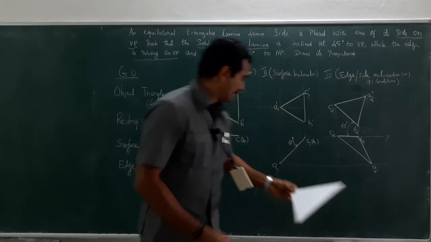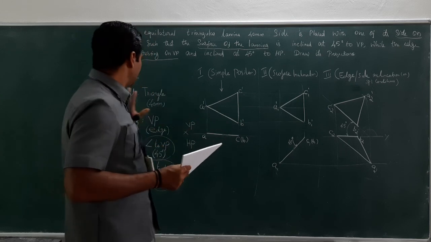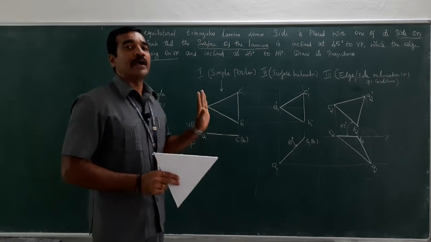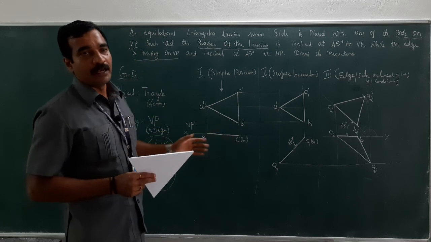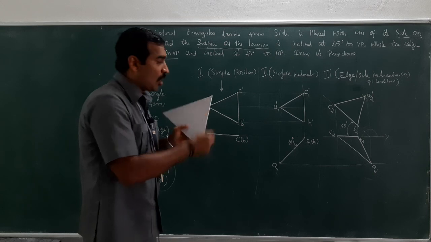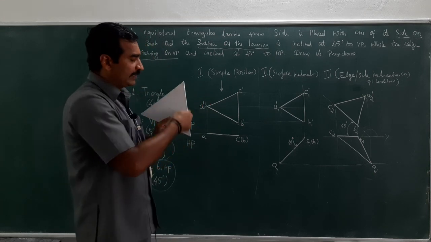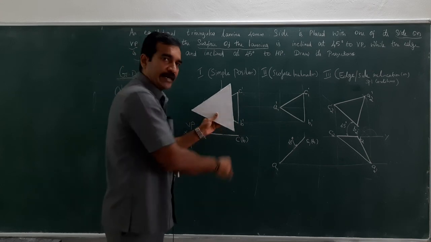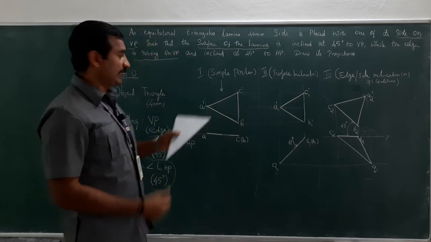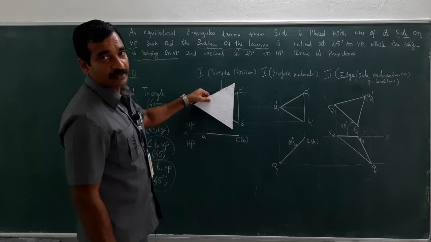We just have to read the question and understand it clearly: how the object is resting, how the surface is inclined, and what the condition is, whether it rests with the side or edge or with the corner. So, two possibilities, right? Either it can rest with the side or edge or with the corner. This case here is side resting.